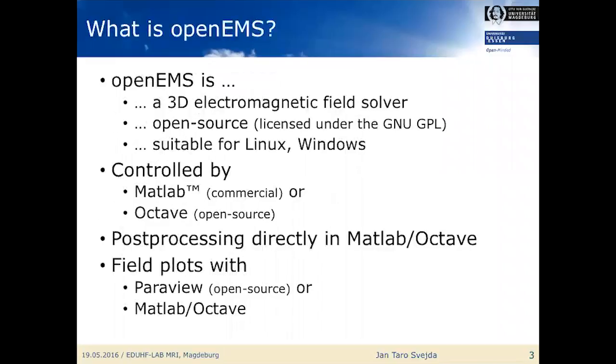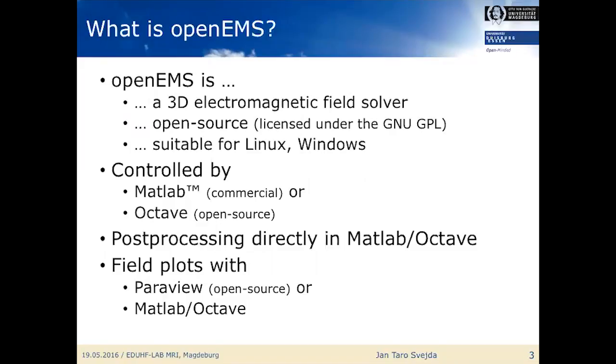OpenEMS is basically a 3D electromagnetic field solver, and the great feature is that it is totally open source, so freely available. You can simply download it and use it on your PC. Right now it is suitable for Linux and Windows, but on Mac it's experimentally possible, so maybe you have to try something so that it works on your Mac system.